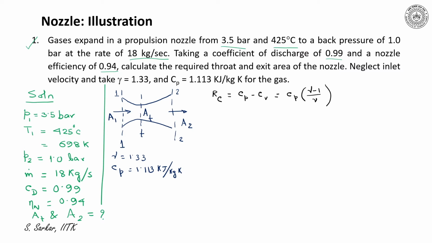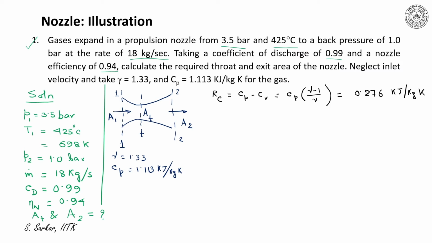You know the value of Cp, you know the value of gamma. If you evaluate that, you will get 0.276 kilojoule per kg per K.